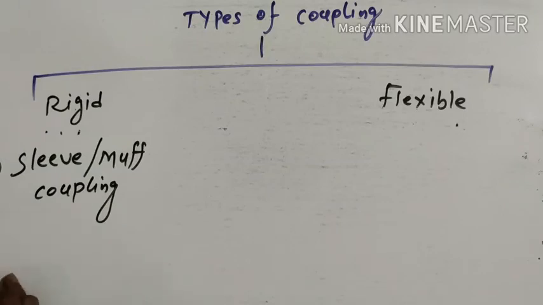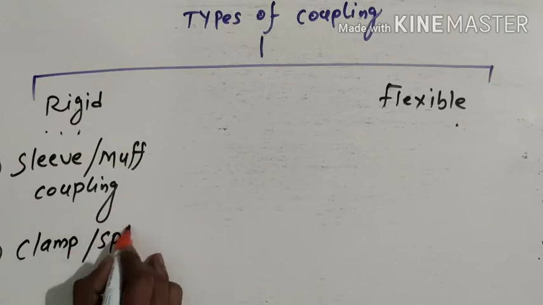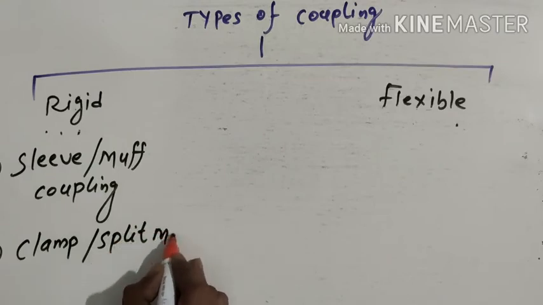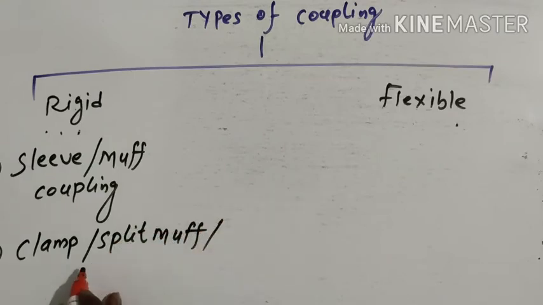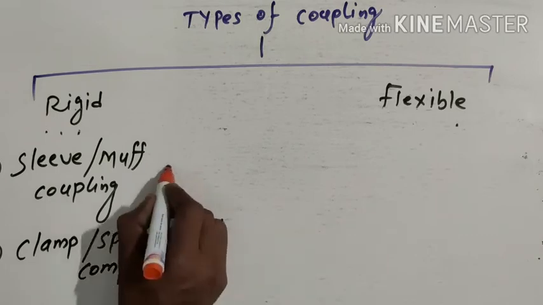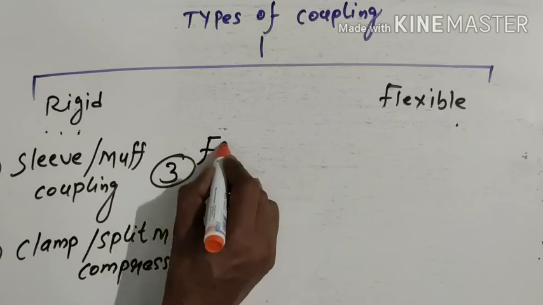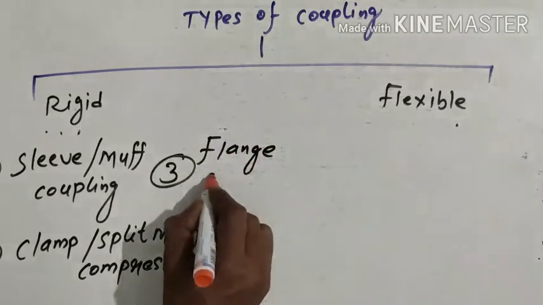The second one is the clamp coupling, which has other names: split muff coupling, and also compression coupling. And the third one is the flange coupling.